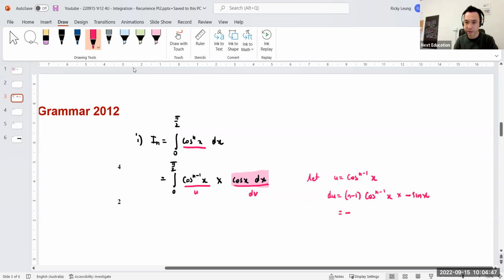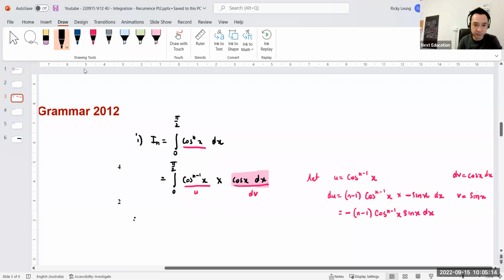So just to clean it up, it'll be negative n minus 1 cos, and dx as well, of course. N minus 1 x sine x dx. Right, maybe I should put sine first, doesn't matter. And by the same token here, dv equals cos x dx, integrate that, becomes positive sine x. Beautiful. All right, got my tools.